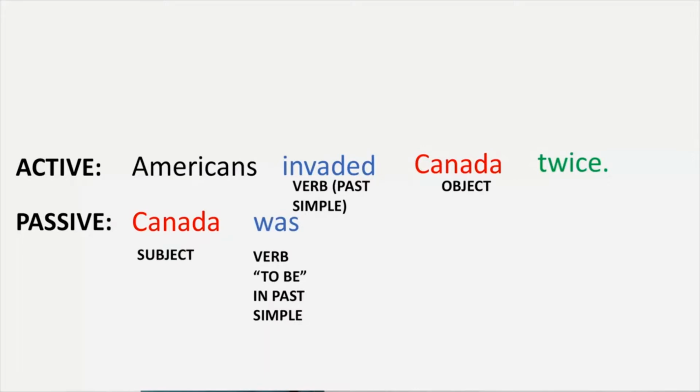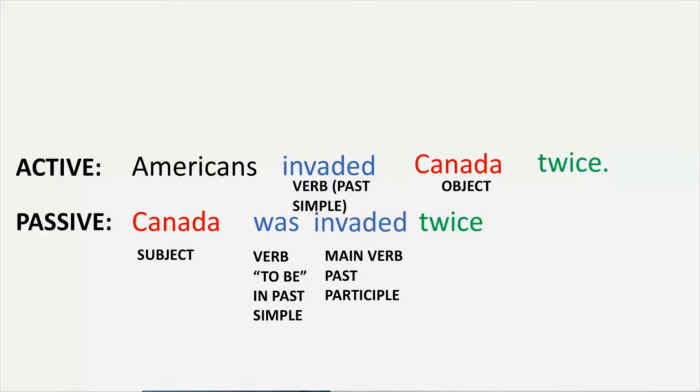Check that your verb to be in the passive sentence agrees with the subject. Take the main verb of that active sentence and conjugate it in its past participle form. Finish your sentence, and only when you want to emphasize who did the action, add the preposition by and the person or thing who performed the verb.